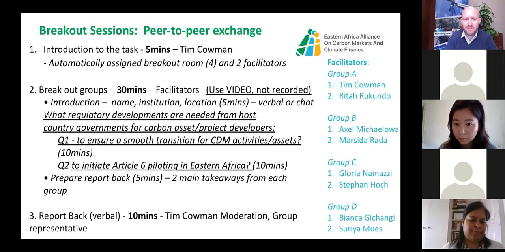Firstly, what preparations or regulatory developments are needed from the host country governments for the asset owners or the project developers, with a focus on the CDM transition?